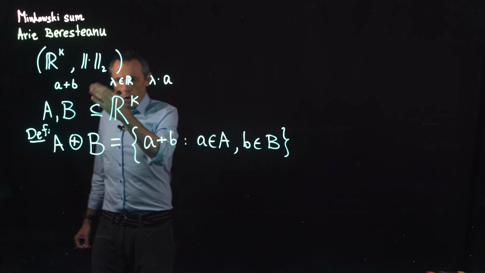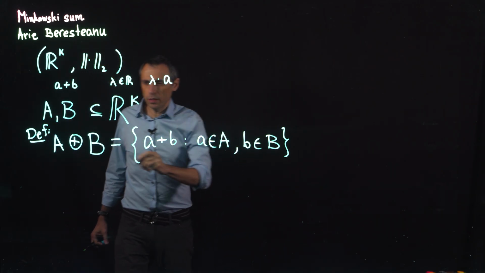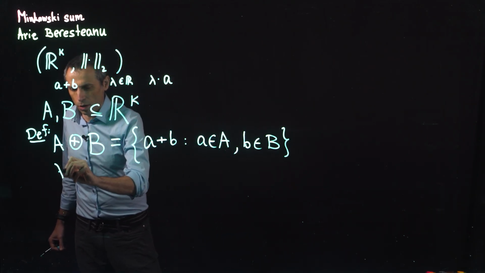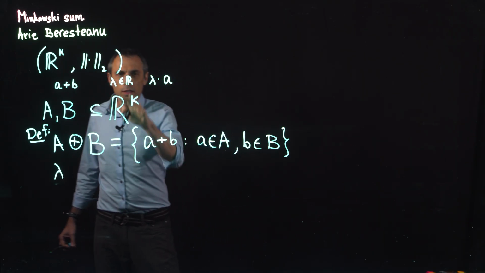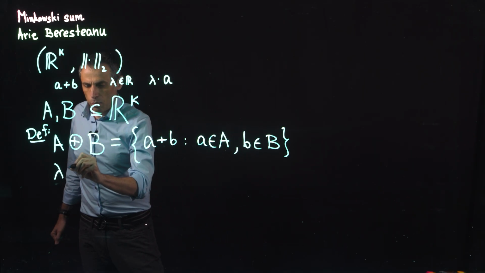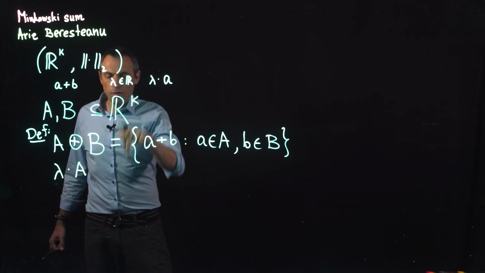On sets, another operation that we will need is the lambda multiplication. What if we take a constant, a number lambda in R, and we multiply it times a set A, again a subset of R^k?